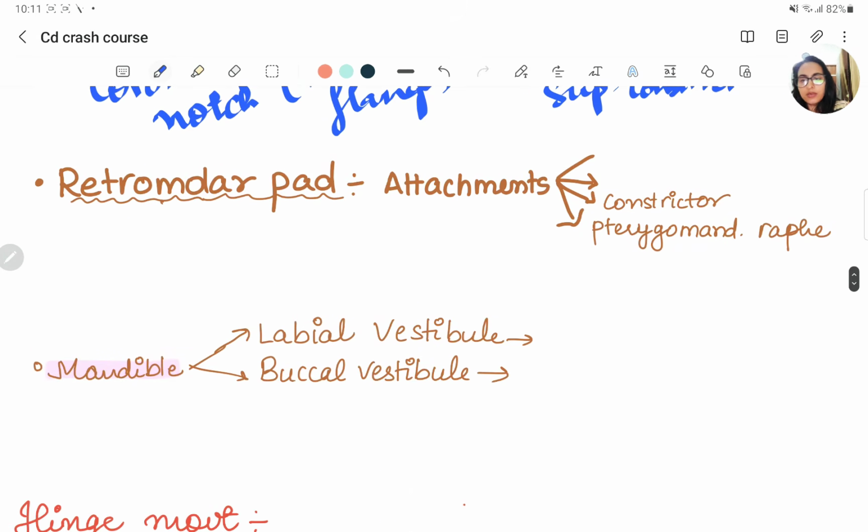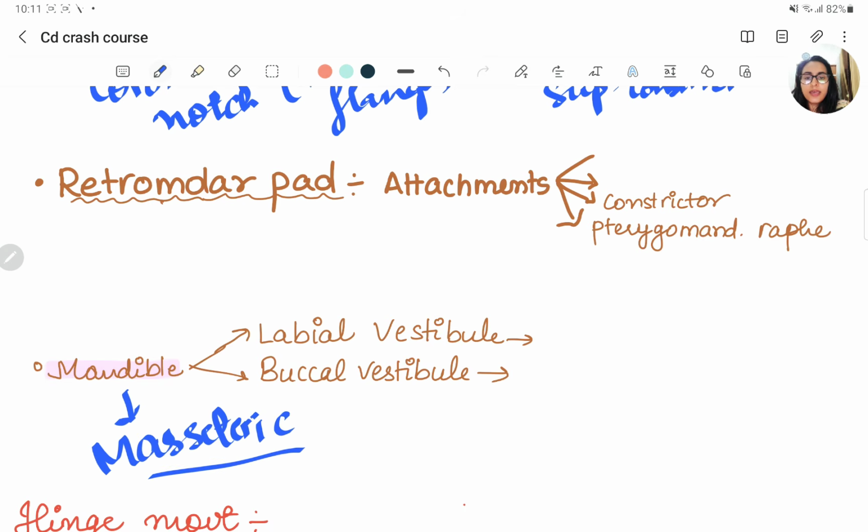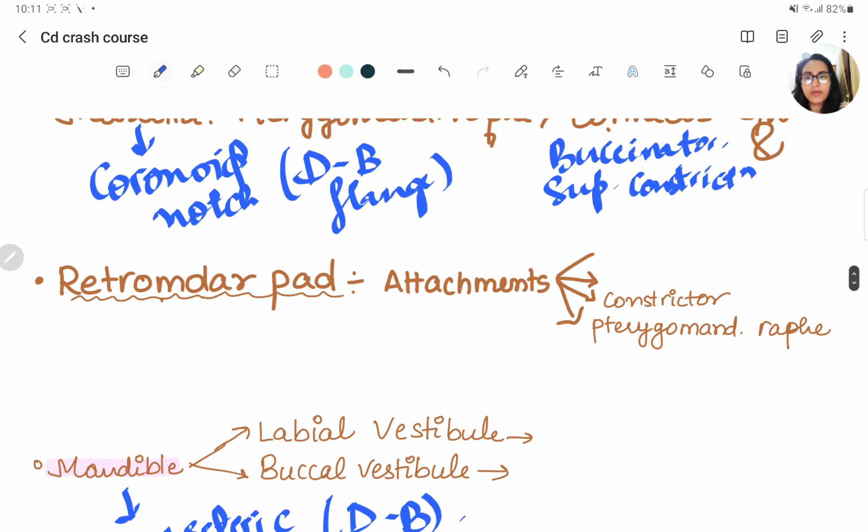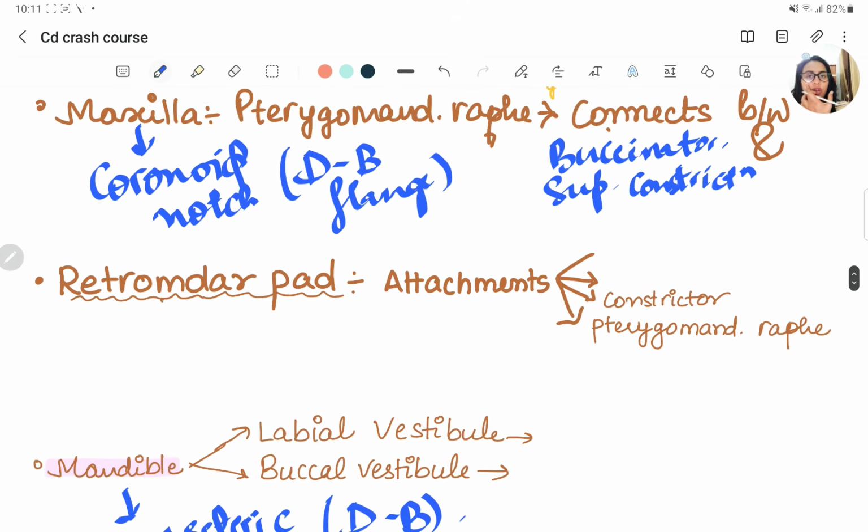In the mandible, we record the masseteric notch, and that is again in the distobuccal flange area, action of masseter on the buccinator. We ask the patient to open the mouth against resistance, and that is how we record this masseteric notch in the mandible. So in the maxilla, coronoid notch; in the mandible, masseteric notch.